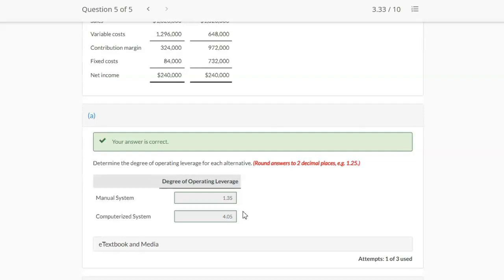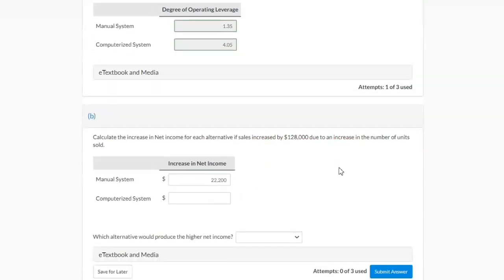What do you get? 4.3. Okay, now multiply that by 128,000. What do you get? 500? No. What would it be? 128,000 times 4 point whatever. Well, maybe, I don't know.